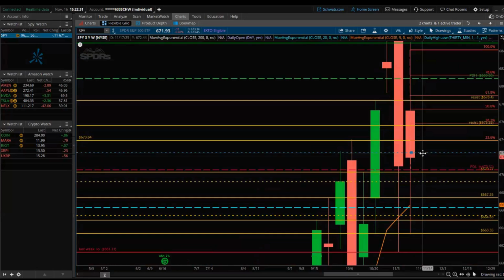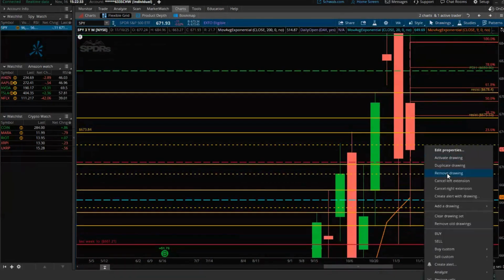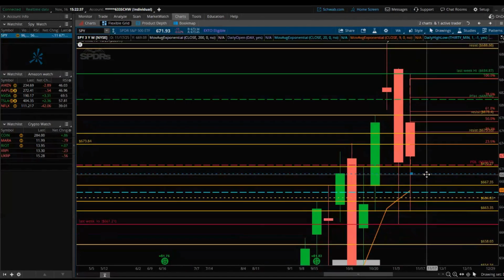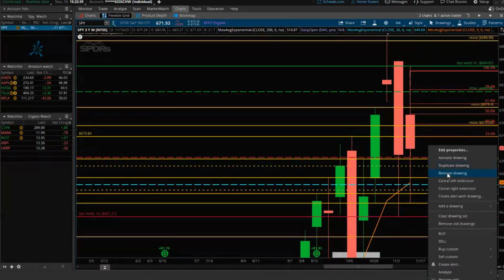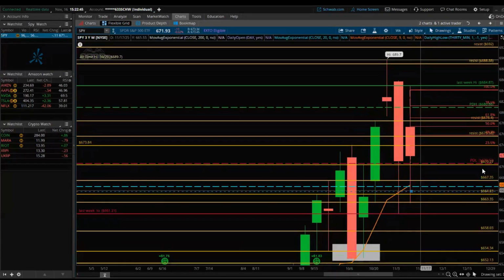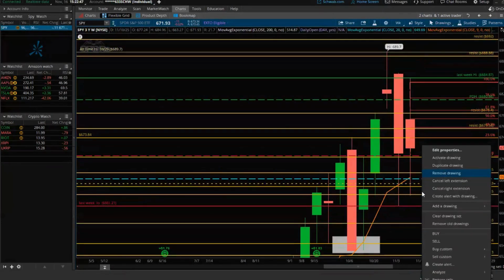This will not count anymore. So I'm taking that out. This support and resistance line will not count anymore. I'm taking that out. This support and resistance line will not count anymore. I'm taking that out. I'm removing this support line.